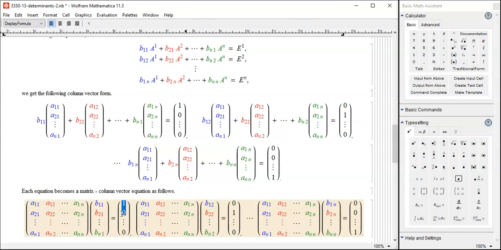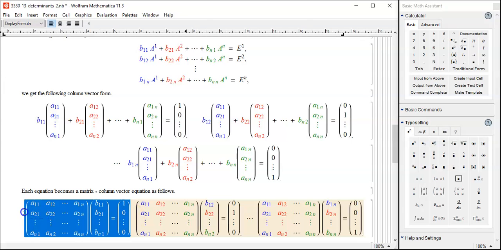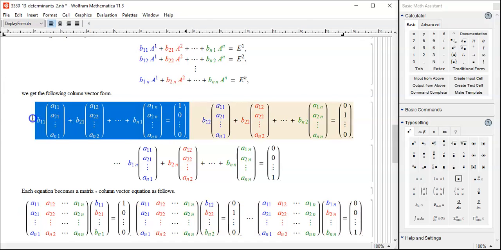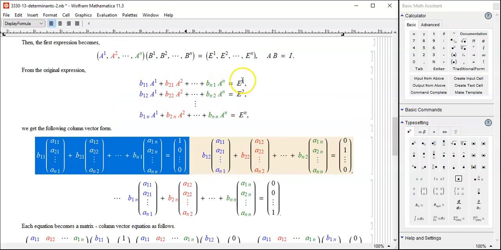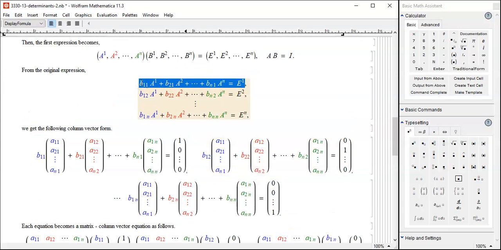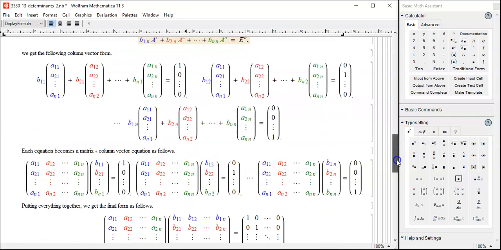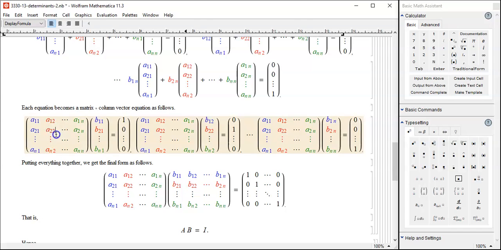Precisely the same. So this matrix equation is equivalent to this column vector equation, and in turn that's equivalent to the first line. Same for the second line, third line, fourth line, all the way up to nth line. So what do you have? We have matrix A times column vector B1, matrix A times column vector B2, matrix A times column vector Bn, kind of like this.